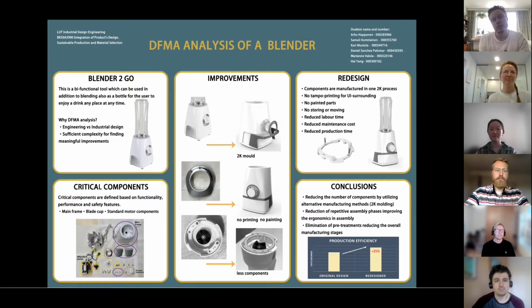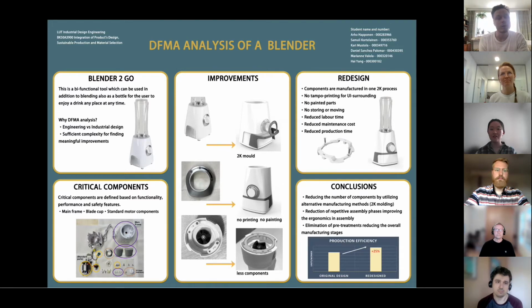Why we chose this product especially is that it offers a few key benefits. First, there is a possibility to utilize both engineering and industrial design aspects. Also, the product is complex enough, it has enough components that there is a possibility to find some meaningful improvements in terms of design for manufacturing and assembly.